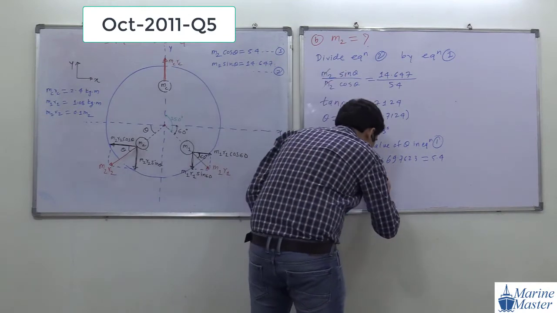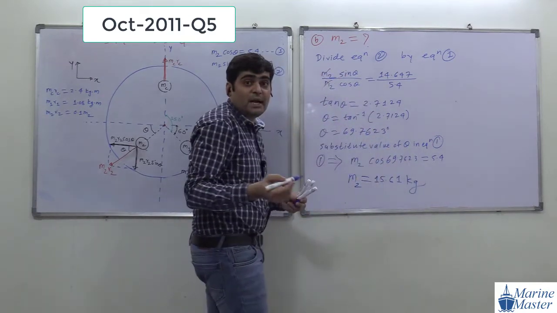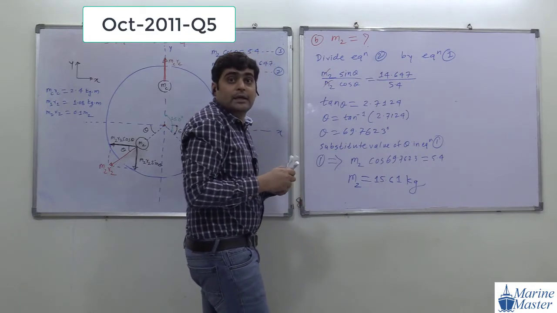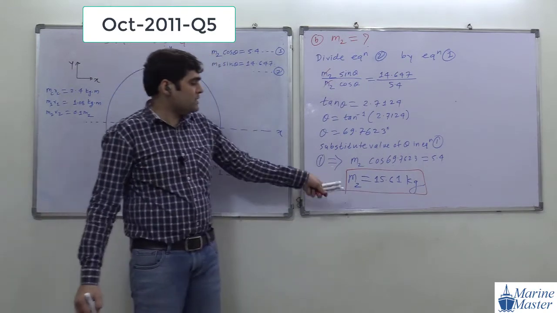What is its unit? Kg, it is mass only. So we got the value of the mass of the second balance mass.